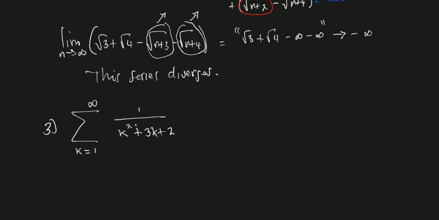It's not working out, because if I write these out as it is, when k is equal to 1, I'm going to have 1 over 1 plus 3, that's 4, plus 2, that's 6. So I'll have 1/6. When k is equal to 2, I will have 1 over 4 plus 6, that's 10, plus 2, that's 12.